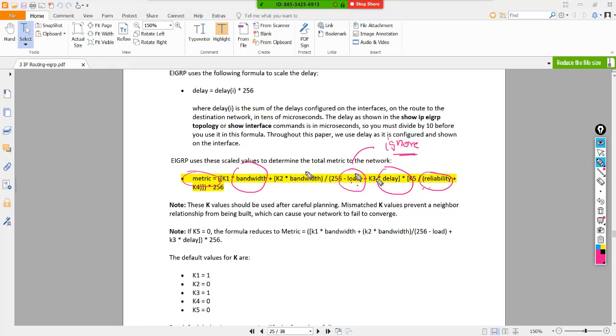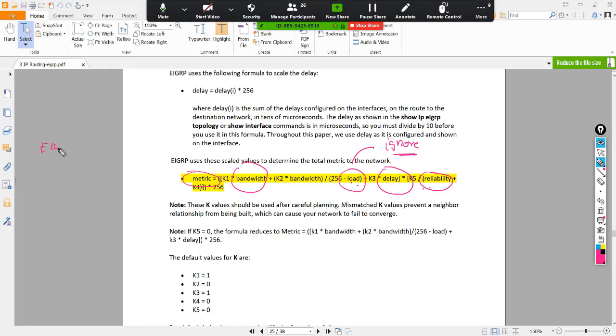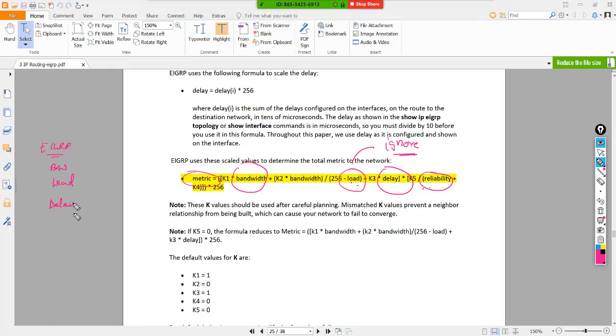What are the factors by default? Bandwidth, load, delay, reliability are the main factors for EIGRP cost calculation, but we can ignore load and reliability and consider only bandwidth and delay.